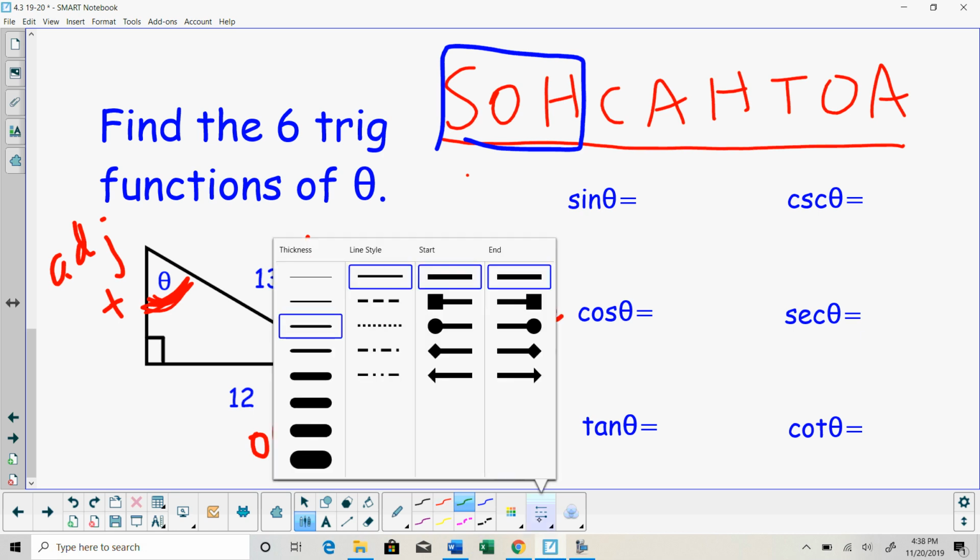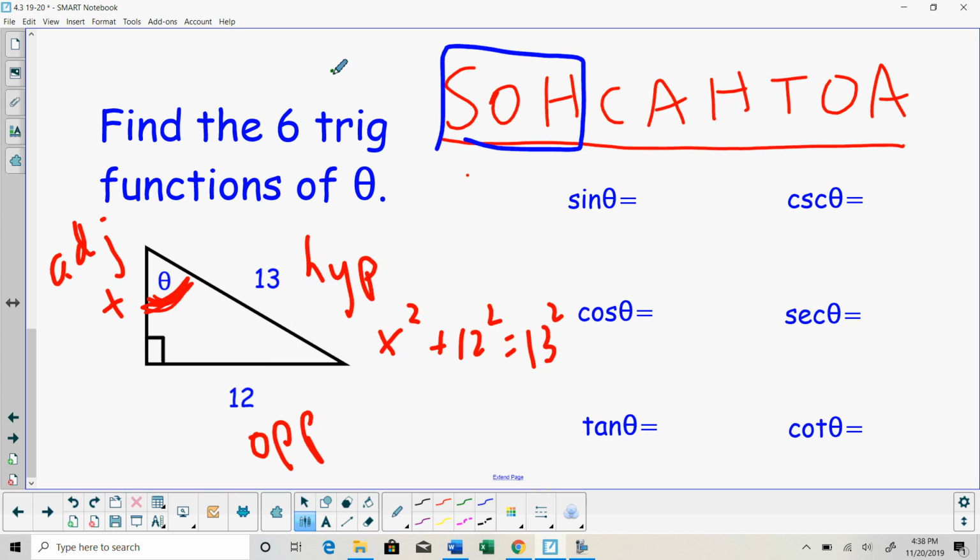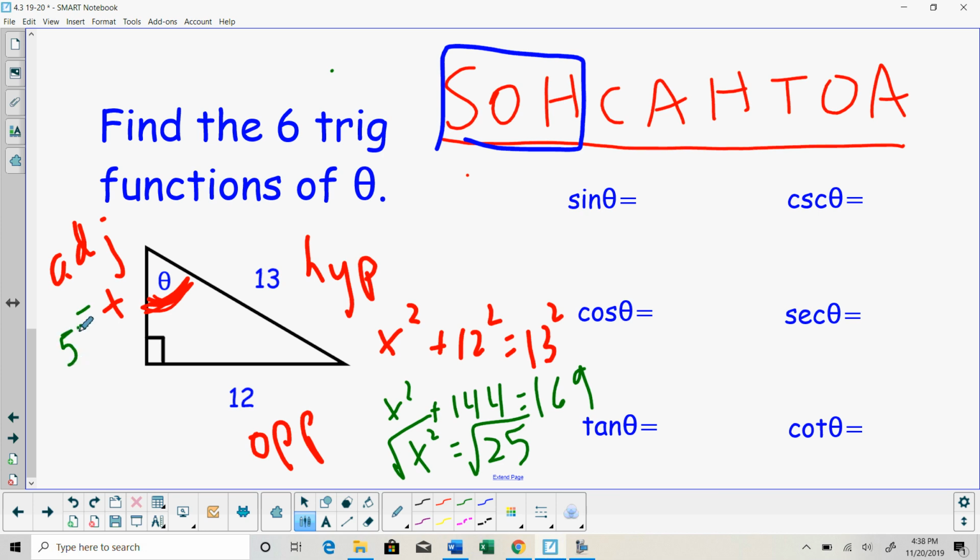Working this out, we get x squared plus 144 equals 169. Subtract 144 from both sides, we get x squared equals 25. Take the square root, and we get x equals 5. Right, and 5, 12, 13 is one of our special Pythagorean triples that maybe you can work on remembering.